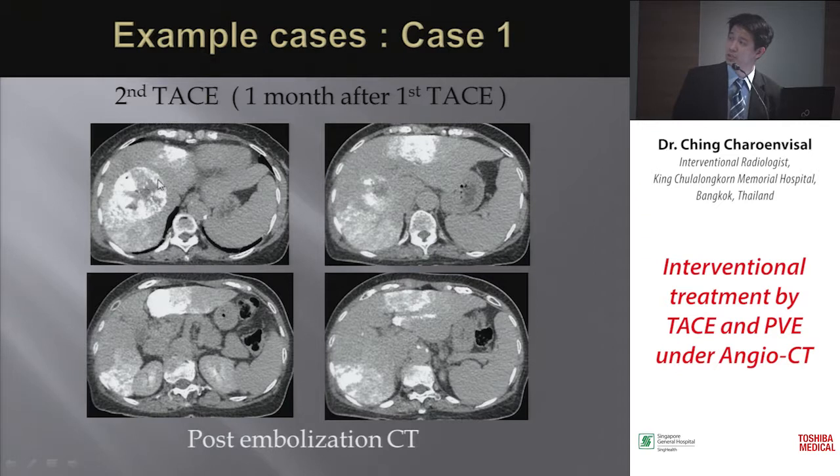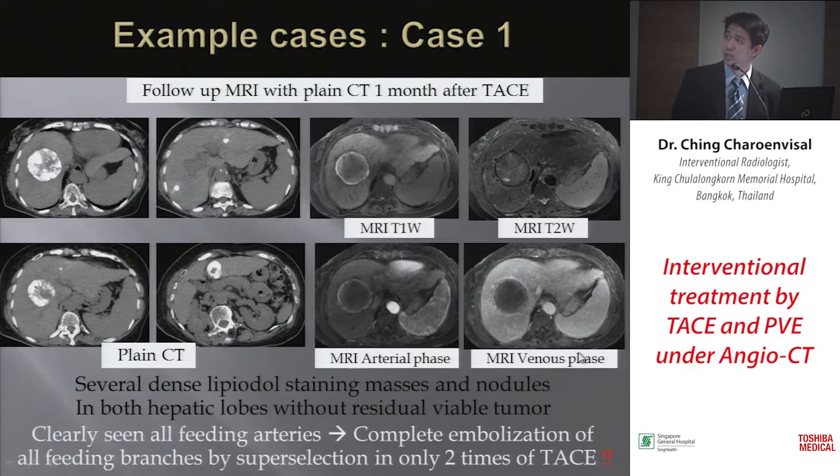You can see good lipiodol staining in the large one, in the mass at segment 3, and in multiple areas in both hepatic lobes. And this is the follow-up MRI 1 month after TACE. The plain CT shows good lipiodol staining in the mass, and there is also lipiodol staining in the small nodules, and the MRI shows no residual viable tumor.